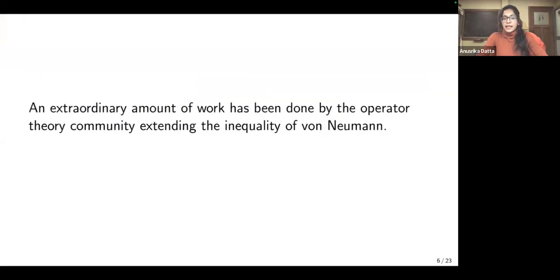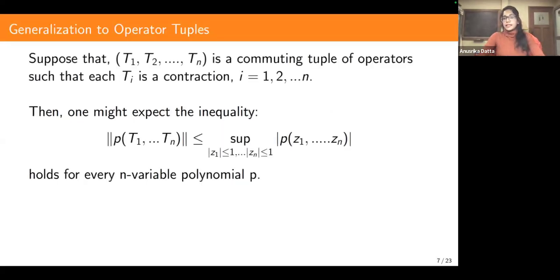Okay. So an extraordinary amount of work has been done by the operator theory community extending von Neumann's inequality. What we can expect is a generalization to operator tuples. There we had one contractive operator.